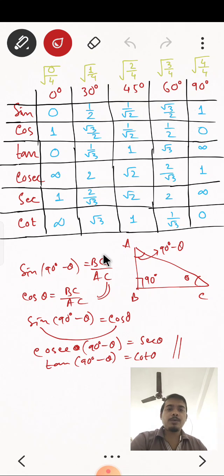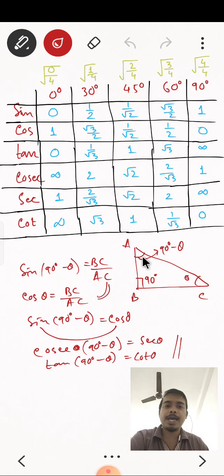Lastly, we are going to take a look at the complement of these angles. Let us take this ABC as a right angle triangle, where this is 90 degree, this is theta. As the sum of all three angles is 180 degree, this must be 90 minus theta. Now if this is our angle of interest, then this will be height. Now if we calculate sine of 90 minus theta, what will we get? Height by hypo.